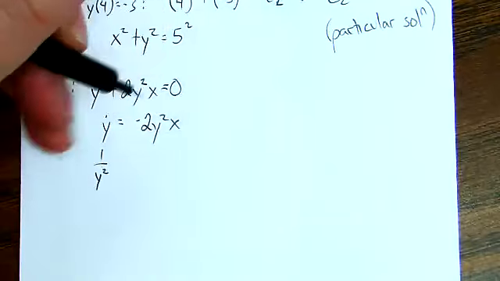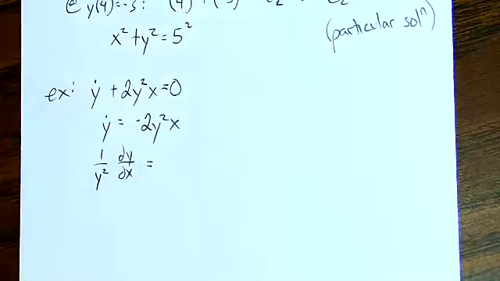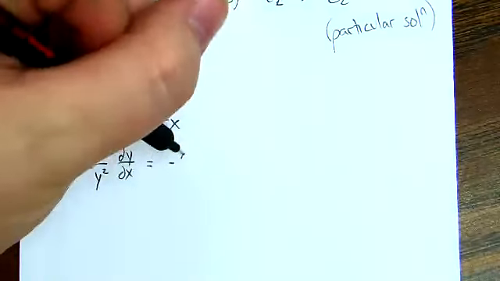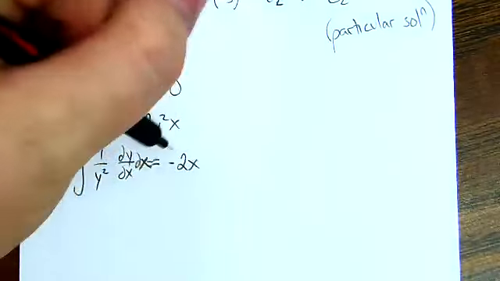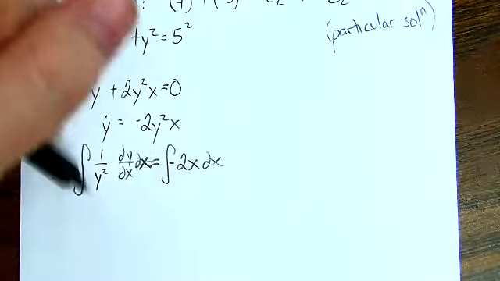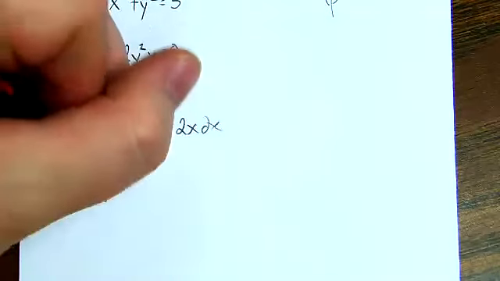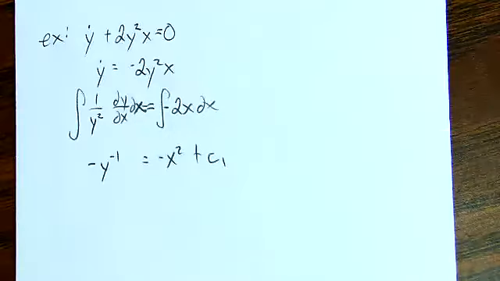I get 1 over y squared dy dx is equal to 2x. Now I can integrate this with respect to x and get, well, the antiderivative of 1 over y squared is negative y to the negative 1. Antiderivative of 2x is x squared plus my constant of integration.